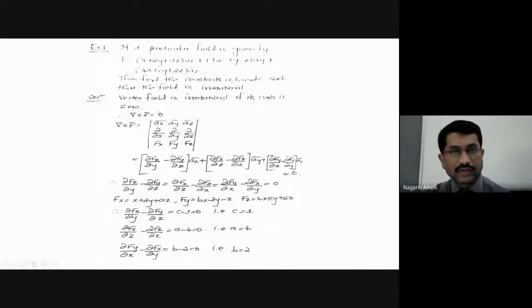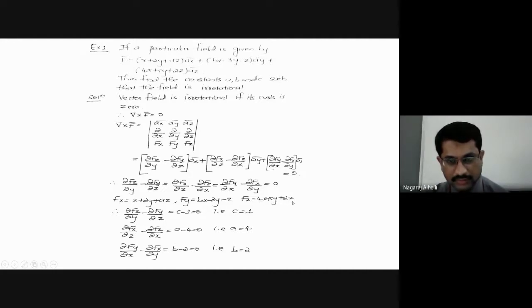Now they have given fx, fy and fz. Fx is x plus 2y plus az. Fy is bx minus 3y minus z. Fz is 4x plus cy plus 2z. Dou fz by dou y, differentiating with respect to y, this will be c, right?